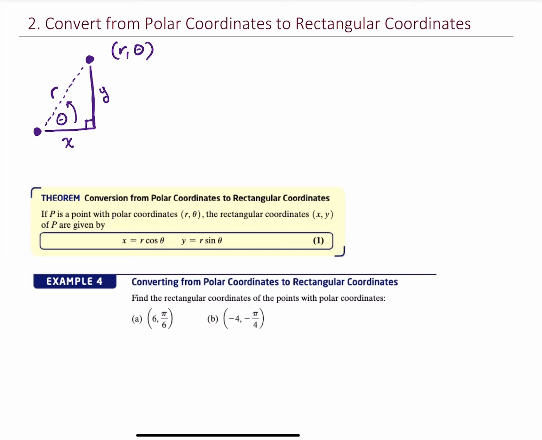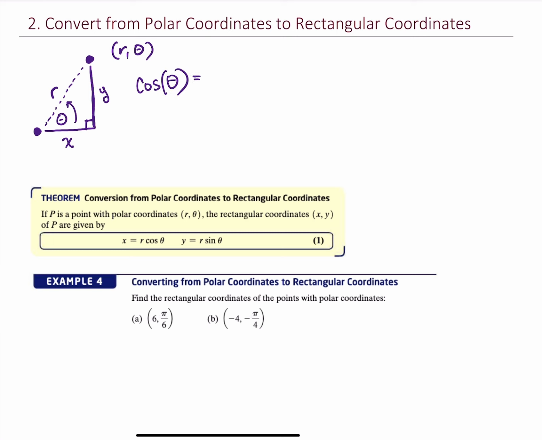So here we can use some trigonometry to relate the radius and this angle to our xy coordinate point. So if I want to relate theta and r and the x value, we could use the cosine. We can say the cosine of theta is adjacent over hypotenuse.